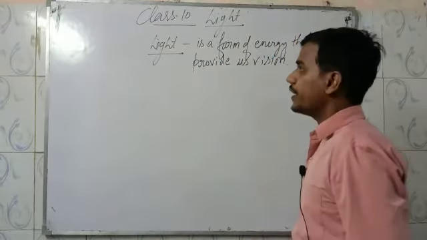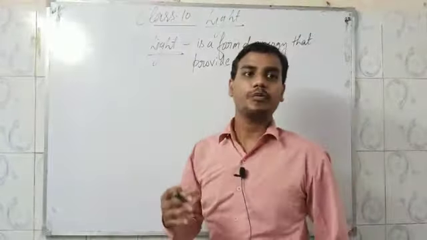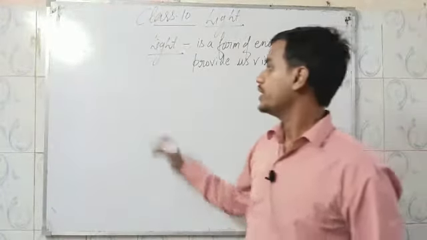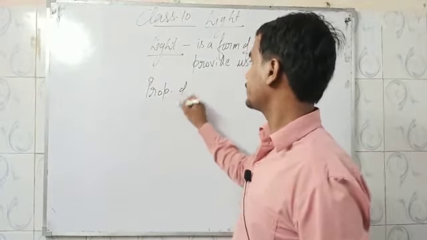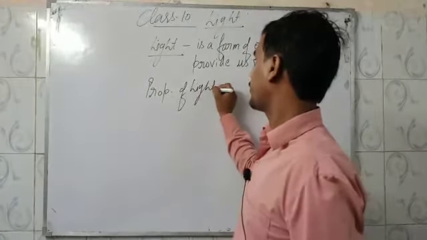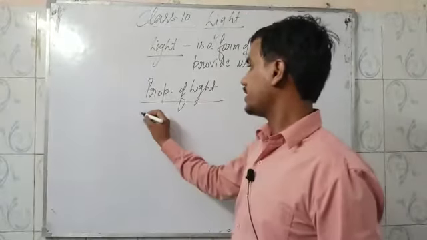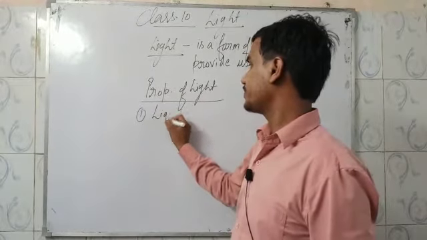Now, what are the basic properties of light? So let's start. Properties of light are: light travels in a straight line.